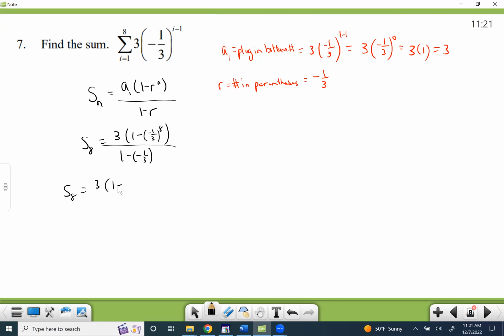I might just put this whole thing in my calculator, you guys, because it's kind of ugly and gnarly. Let me clean up the bottom. This minus minus is going to become a plus. So 1 plus 1/3 is really 3/3 plus 1/3, which gets us 4/3. So I know the bottom's going to be 4/3.